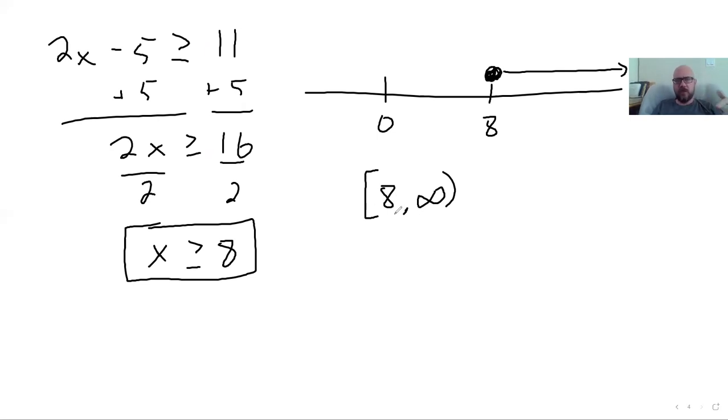And if you go much further in math, this will turn out to be very convenient. For right now, I don't particularly care which one you do, although I will ask you to do all 3 on a test. I want you to show me that you can solve the inequality, and that you know what that looks like on a number line, just to help you visualize it, and that you know what the interval notation version of that is.